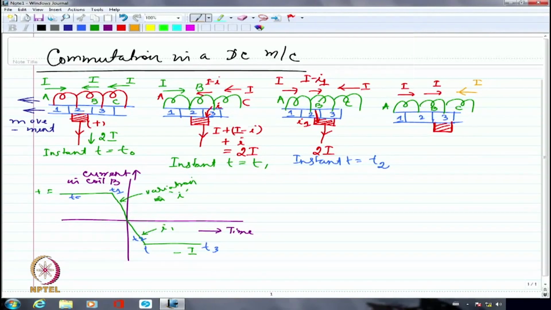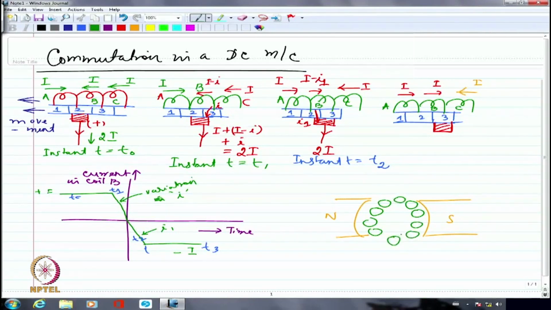If I show it in the cross section of the machine, I should show the north pole here, the south pole here. I am not drawing the yoke, and I am going to have my conductors here. I am showing big conductors. And maybe I have one here and one here, something like this. And what I am showing here is probably B.